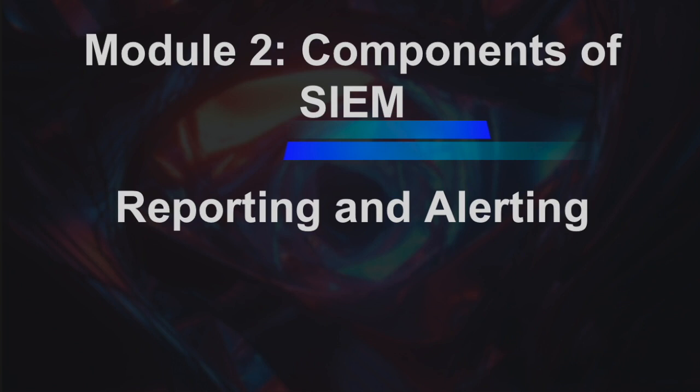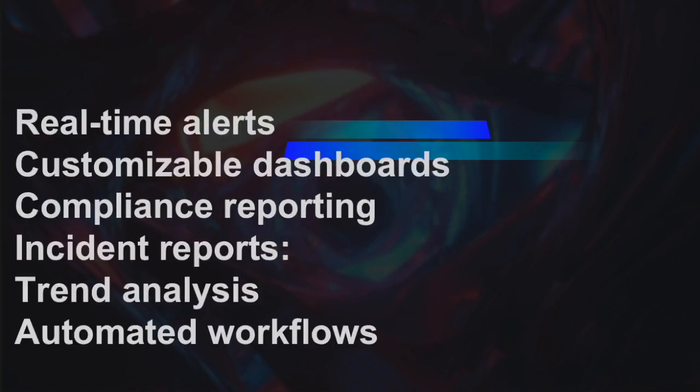So here are some examples of reporting and alerting features commonly used in SIEM solutions. Real-time alerts. A SIEM solution can generate real-time alerts based on predefined rules and methods.